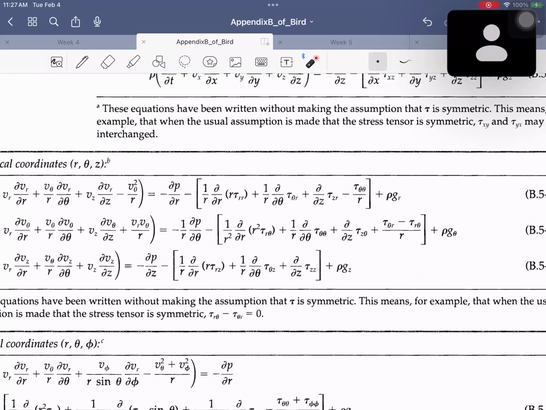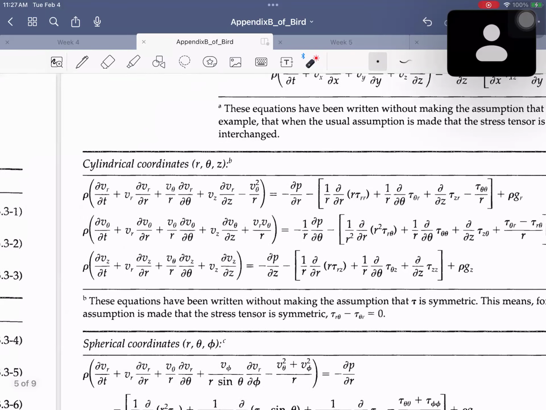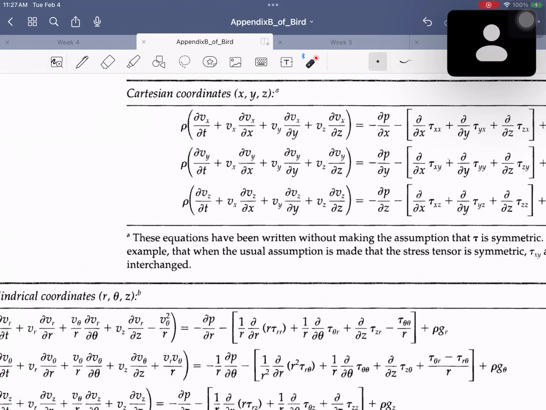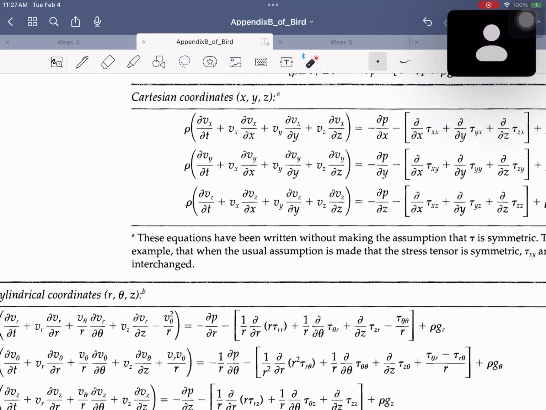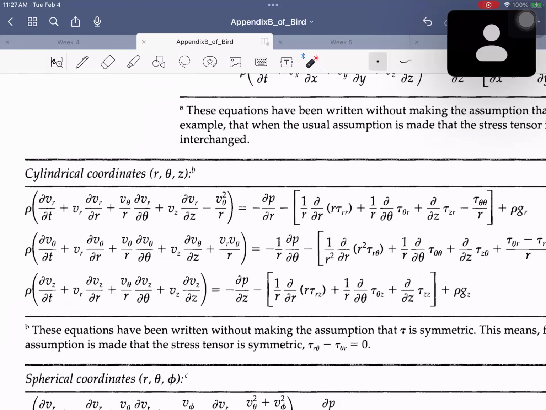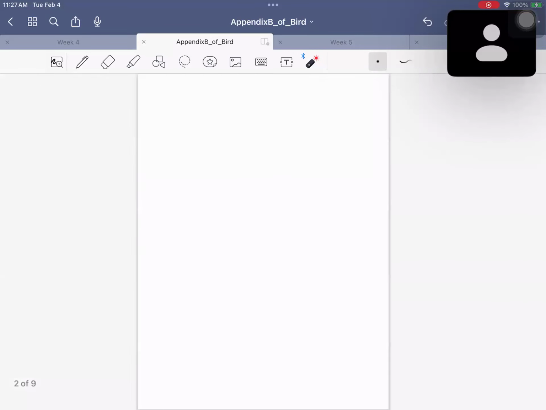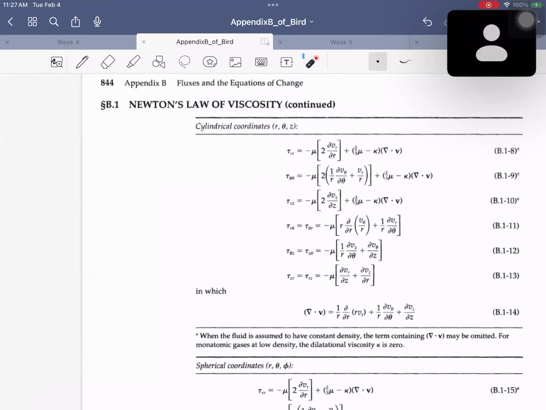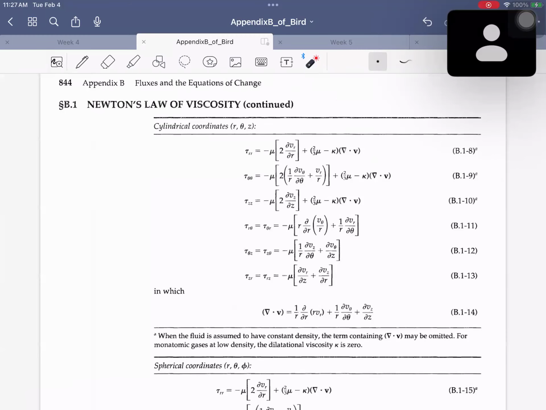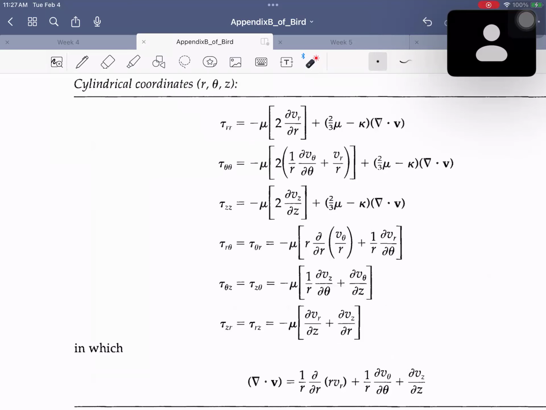So even if you don't apply the Navier-Stokes equation, you can use the equation of motion, the B5 equation. Even if it's in terms of shear stress, don't forget that we can transform shear stress based on the equations in B1, because at the end, all components of shear stress will be a function of velocity anyway.